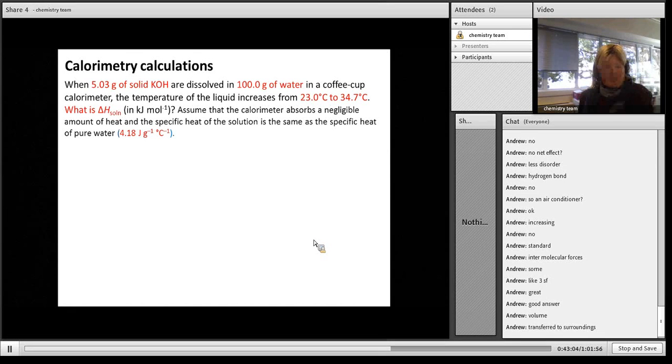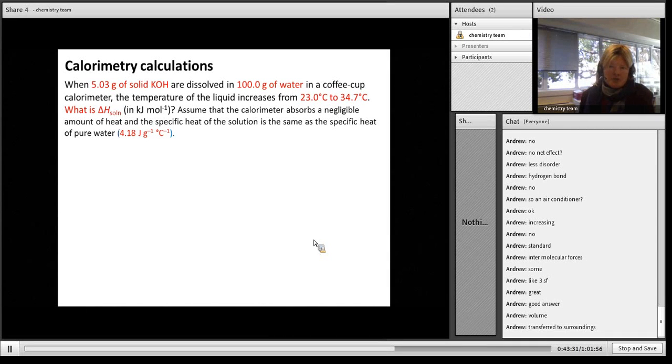You're given a mass of water. So you've been given two masses. You've been given two temperatures, which is fine because you want a temperature change, the delta T we were talking about. And I've also highlighted what we're aiming for. At the end of this calculation, we must have an answer for delta H solution equals something in kilojoules per mole. We must finish with that.